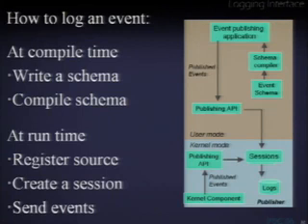If you have an application and you want to send events to the log, the application developer writes a schema and compiles it to be bundled with the application that describes the events. At runtime, the application registers as a source, creates a session, and sends those events for the schema that it has registered.